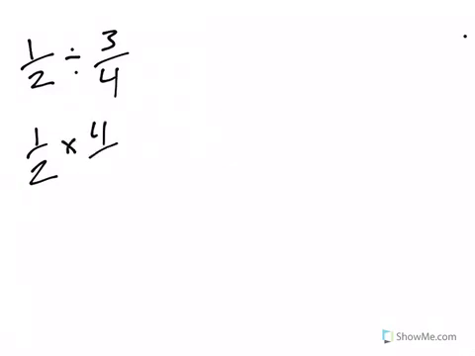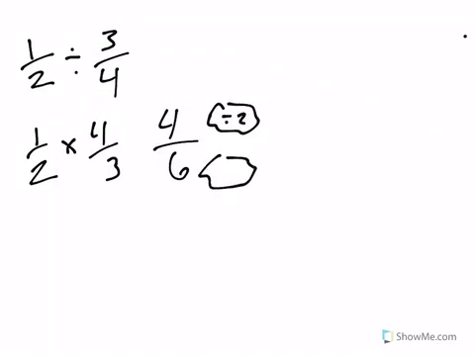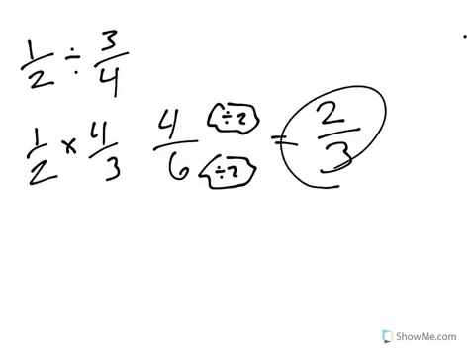Keep, change, flip. 1 times 4 is 4. 3 times 2 is 6. We have 4/6. I can see that both of those are even numbers and can both be divided by 2, my magic number. 2 goes into 4 2 times. 2 goes into 6 3 times. I'm going to end up with 2/3.